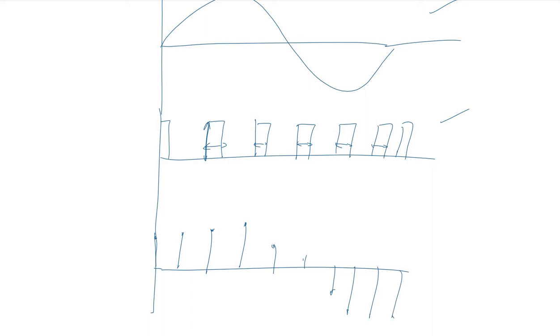That is one method, because the width of the sampled signal will be very less. It won't be a natural one. It will be counted as a flat top method.